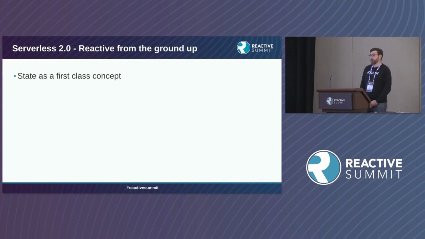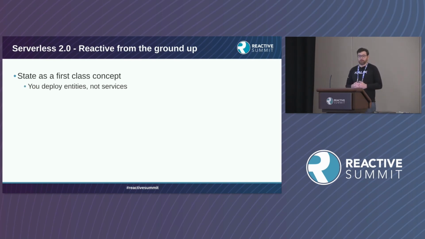So an important thing in Serverless 2.0 is that state has to be a first-class concept, because state really is one of the hardest problems to solve in computing. Coordinating around it, sharing it between components, and so on.